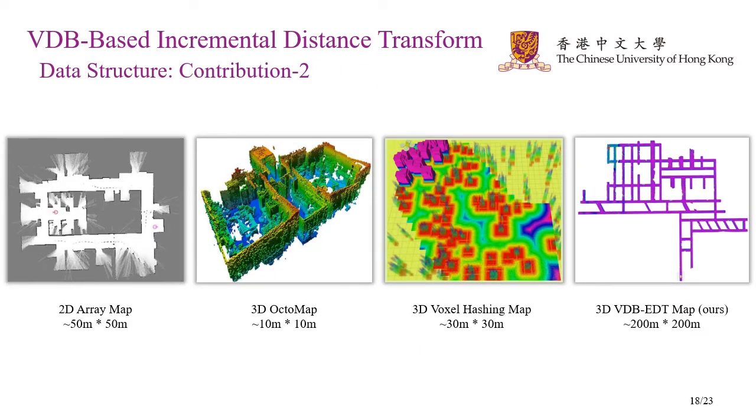So far, all the previous examples are 2D cases, and the array data structure is typically leveraged to store the maps. But for 3D cases, especially for large-scale maps, the memory cost of the array data structure is not acceptable. So some hierarchical data structures are adopted to address this problem.